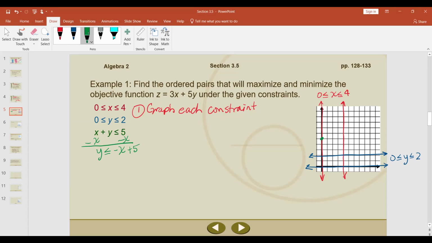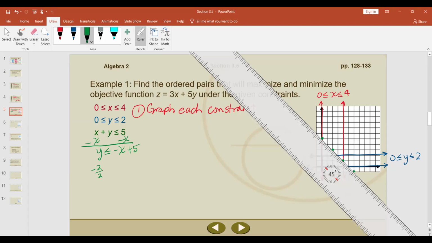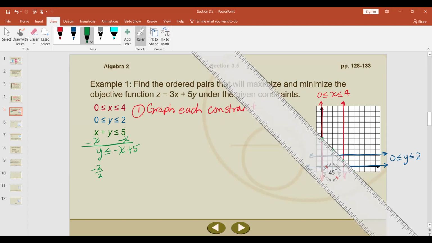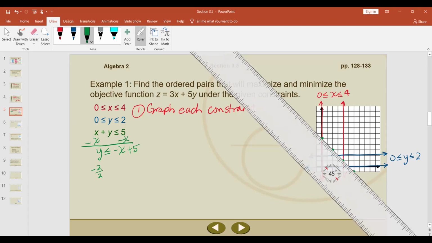And the slope is -1, so I'm going to use -1 over 1 to graph down and to the right. It's equal to, so it's a solid line.